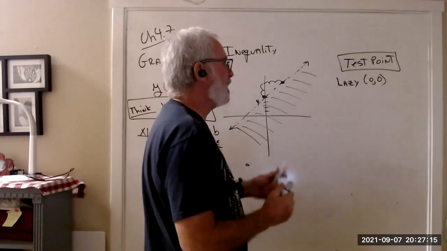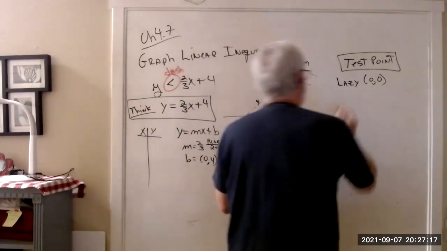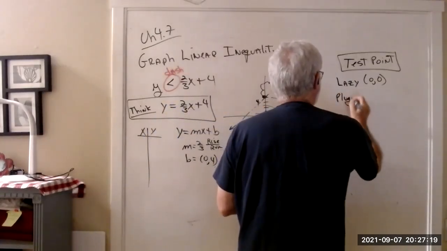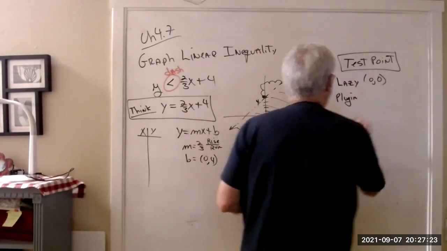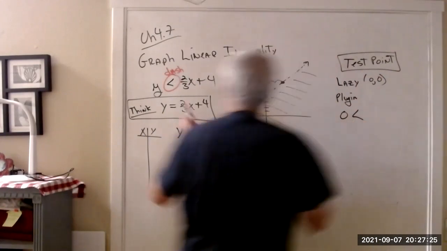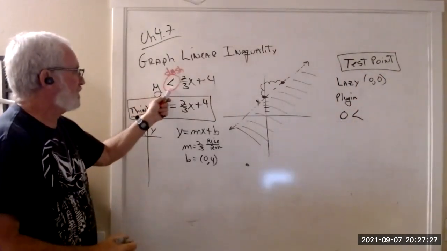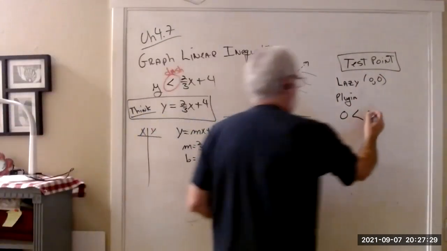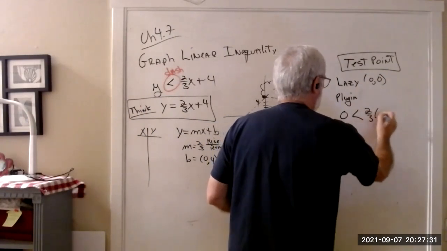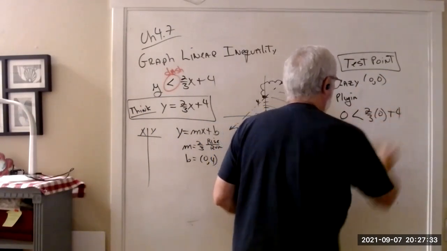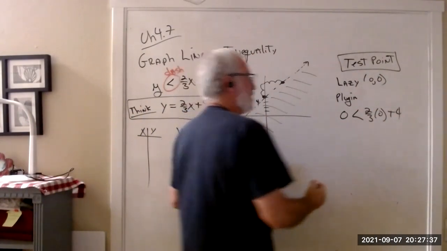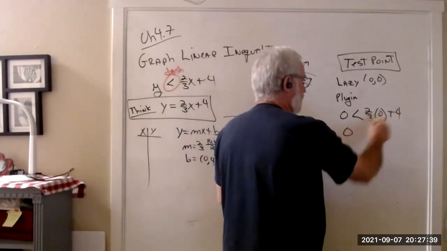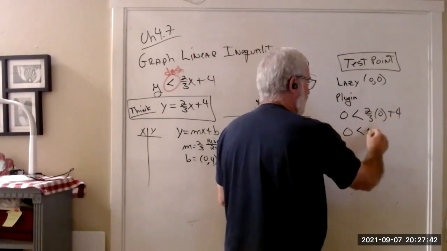And you plug it into the original. So we'd have 0 is less than 2/3 times 0 plus 4. So that simplifies to 0 is less than 4.